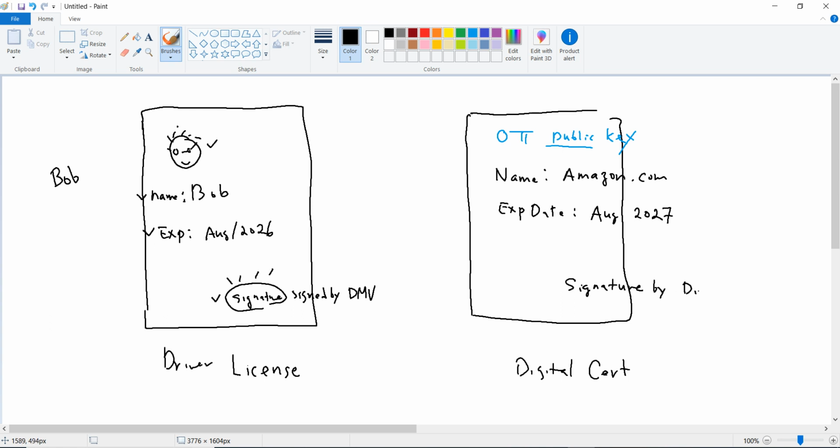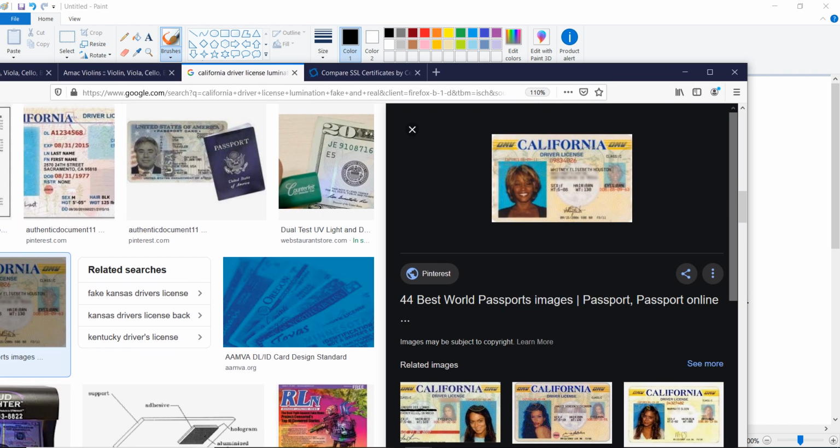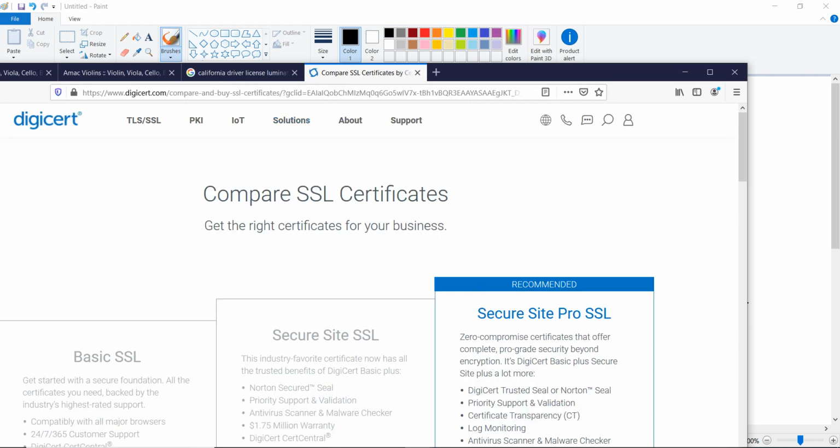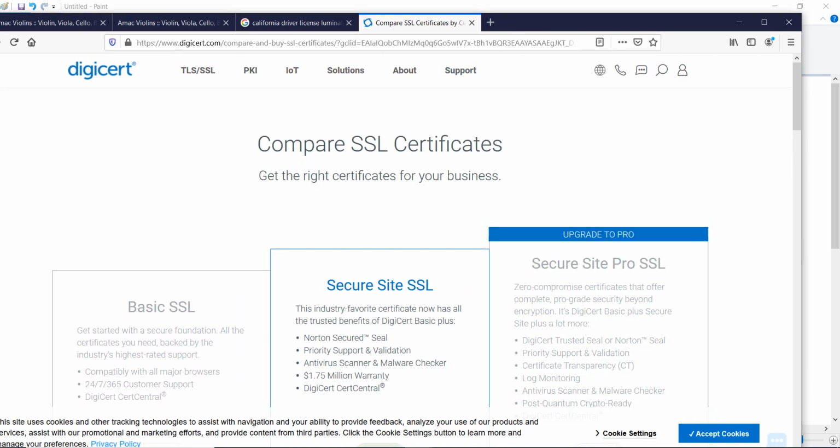I think DigiCert. This is a trusted company. For example, if you go to their website, DigiCert says, get the right certificate for your business.